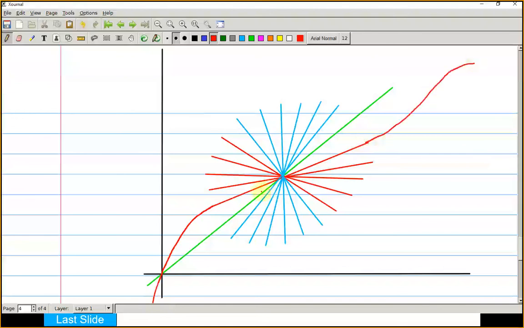The point is, when it crossed the y equal x line, it had this slope. Let me just re-emphasize what I'm saying. So this is the function. The point is, when it crossed the y equal x line, it had that slope.